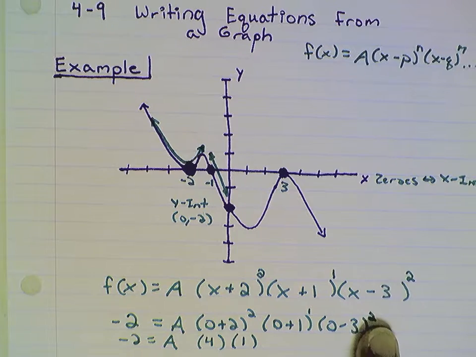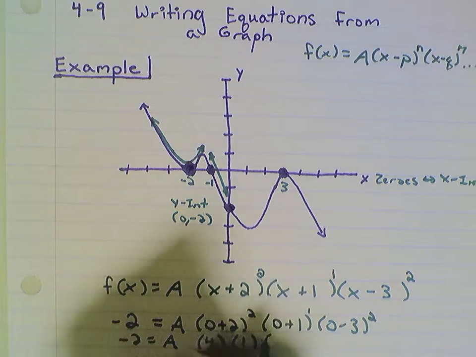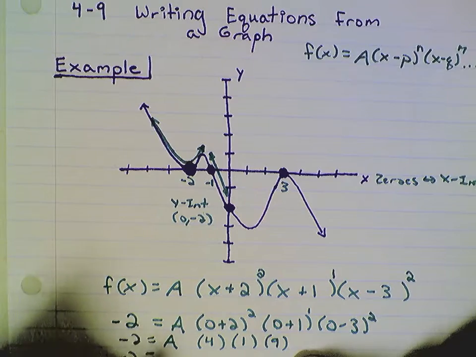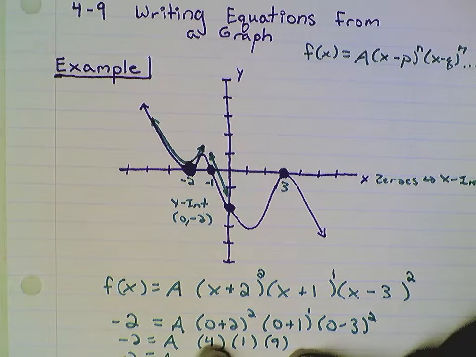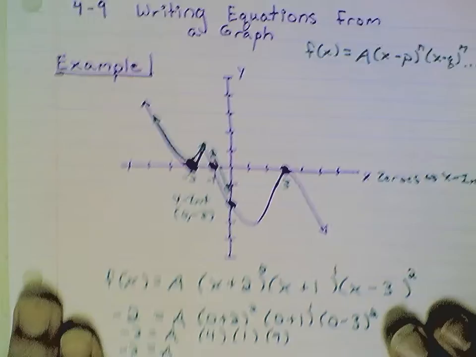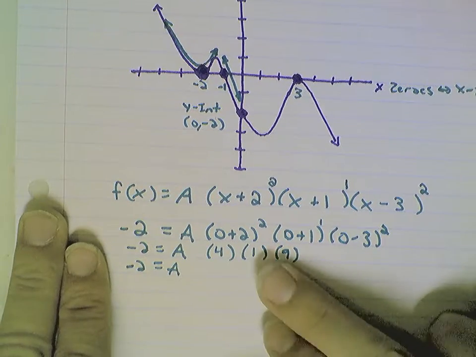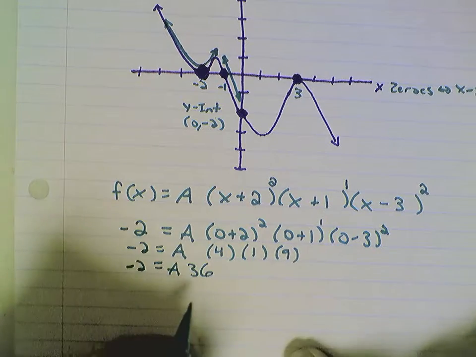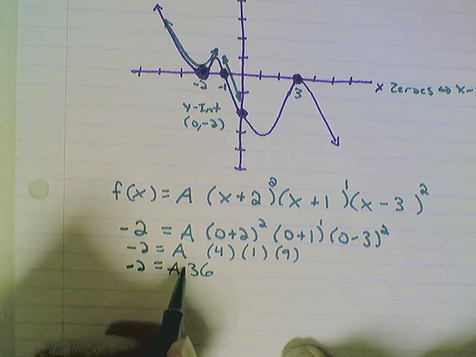If I square that, I get +9, so I multiply by 9 as well. Now 4 times 1 is just 4, and if I multiply that 4 by 9, I get 36. So this is really a times 36.